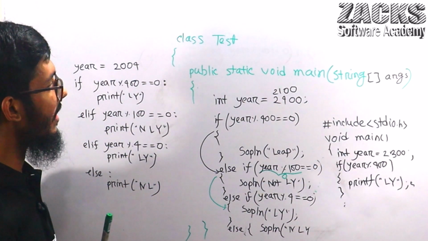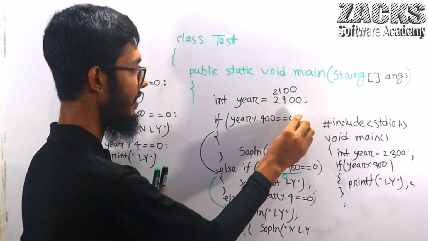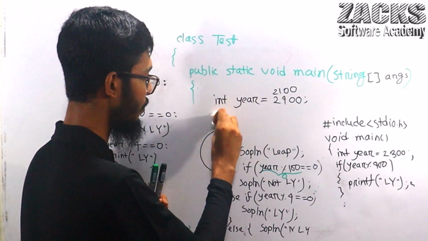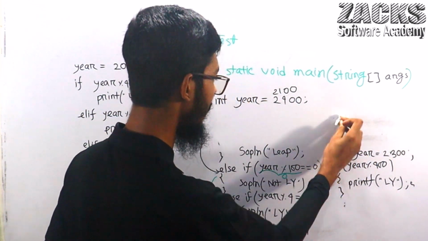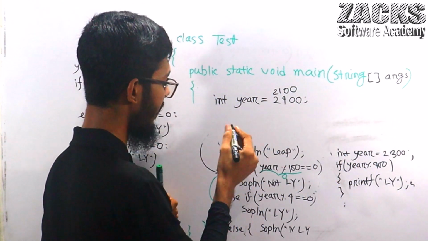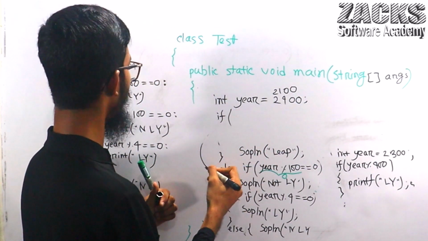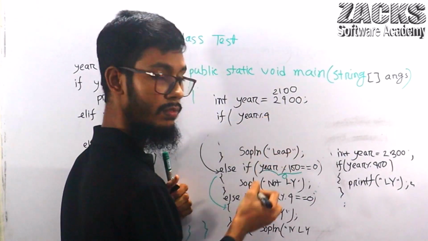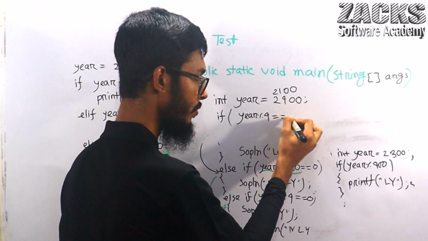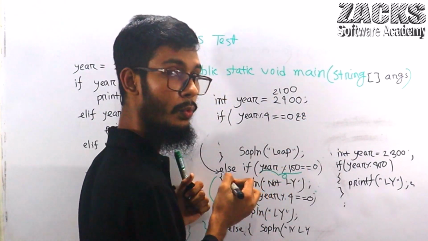Sir, if you want, you can write the same condition in the same line, right? Let me show this one also. You can write the whole condition in the same line if you want. Simply we can write if the year is divisible by 4, if this condition is true, we can check one more condition and what?